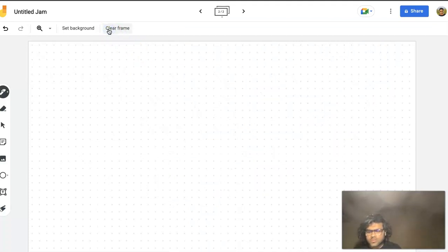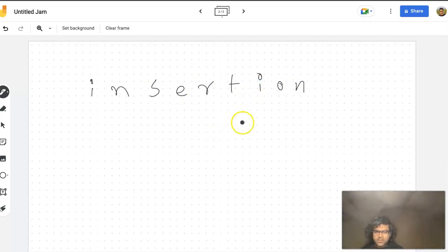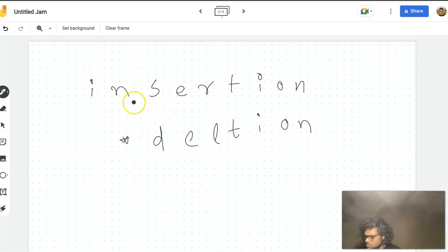Basically insertion, and here the deletion. Oh, sorry, I might have missed something. In insertion there will be a blank, and this thing.